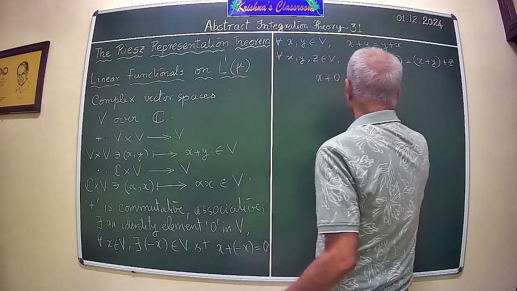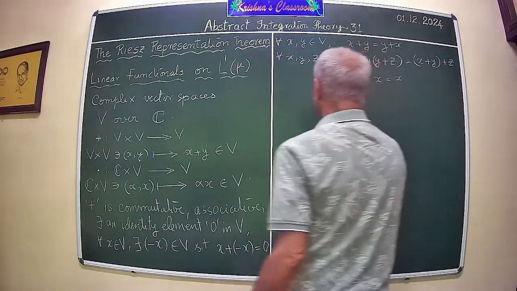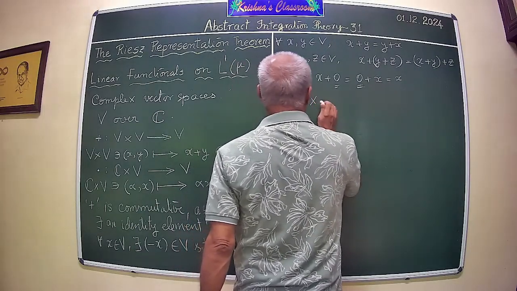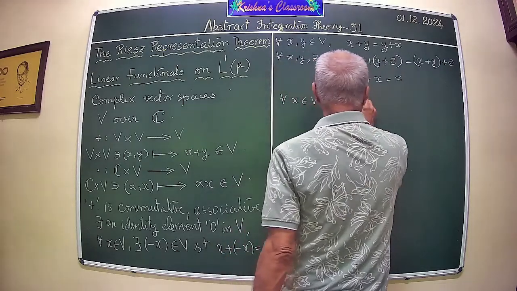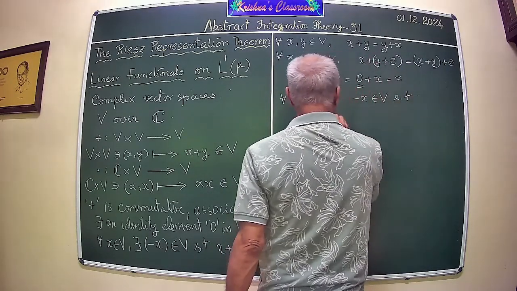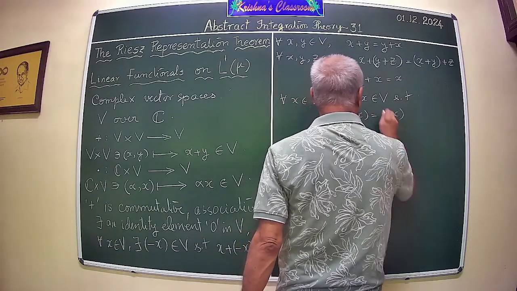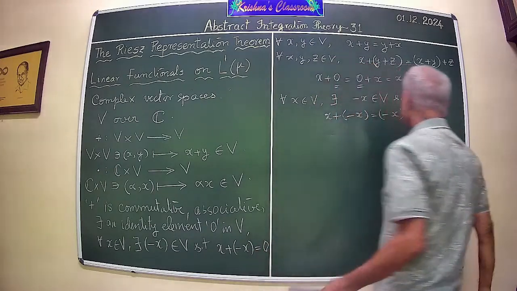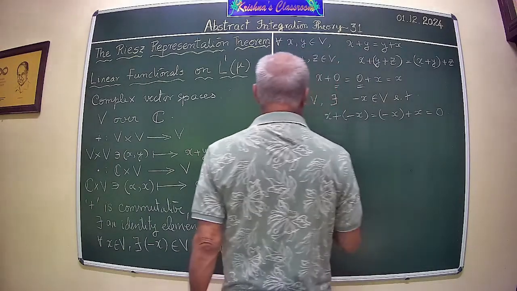That is the identity element 0. Then you have for each x there exists minus x belonging to V such that x plus minus x equals zero. Minus x is called the inverse element of x.